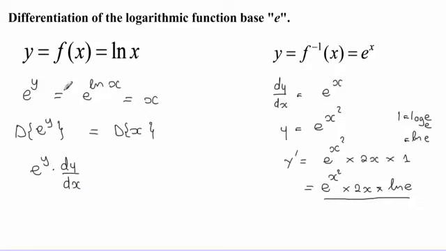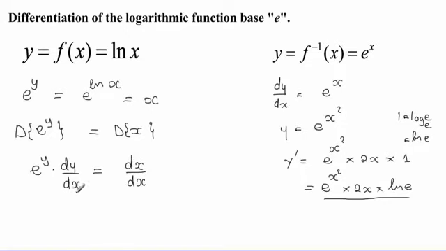Remember, y is our function ln x. Equals, here I'm going to write this explicitly as the derivative of x with respect to x. Normally we would write 1, but for now I'm leaving it like this for a purpose, to make you understand what I would like you to understand.